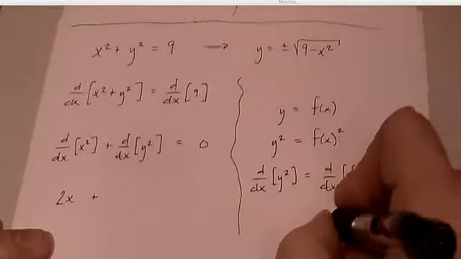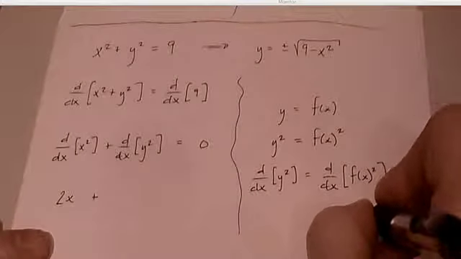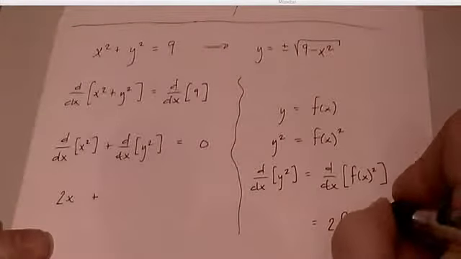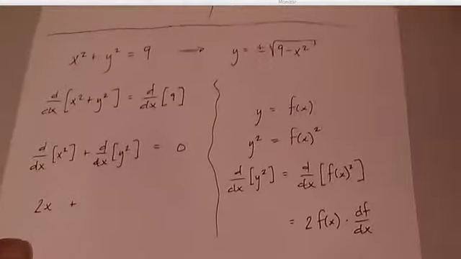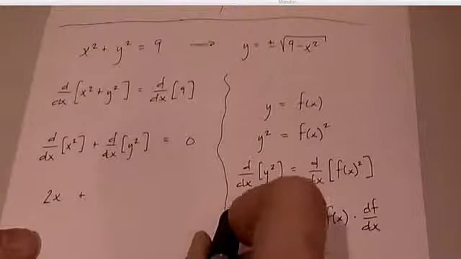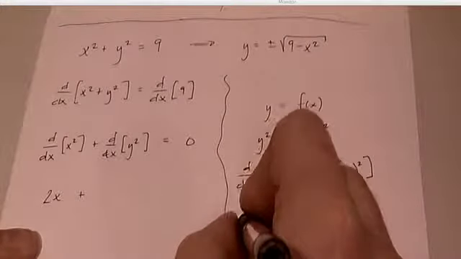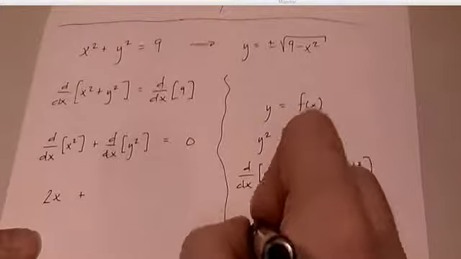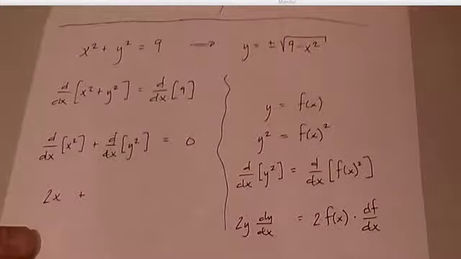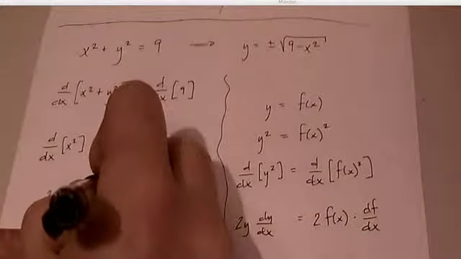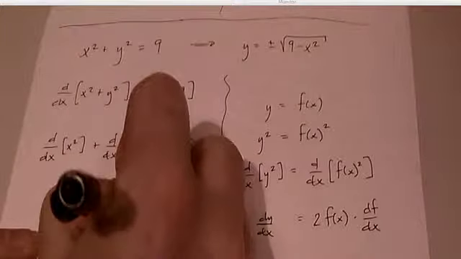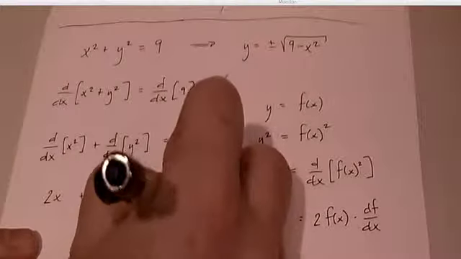That should just be 2 f of x times f prime, or what we'll call df dx. So really, the derivative of y squared with respect to x is 2y dy dx. So we have 2y dy dx is equal to 0.